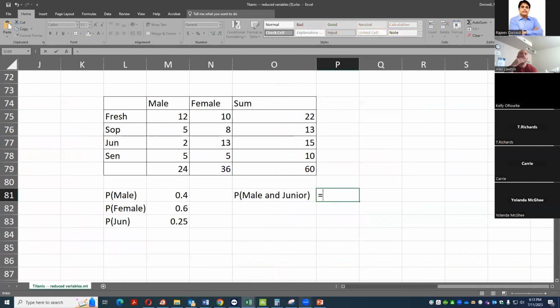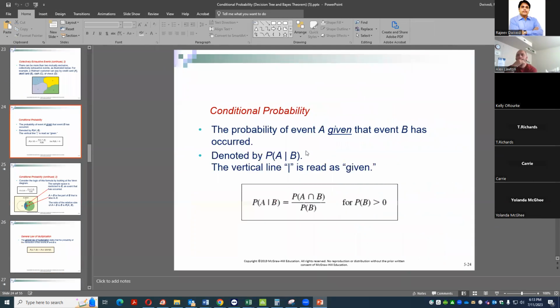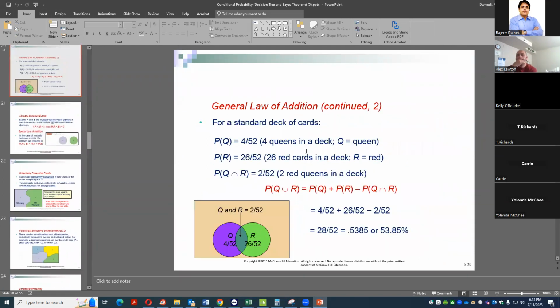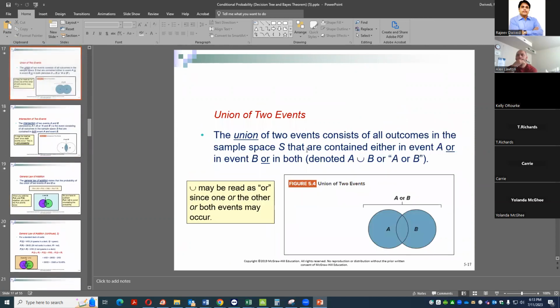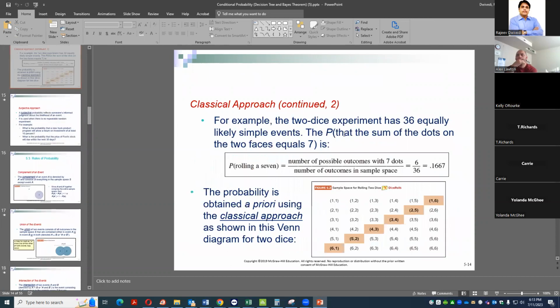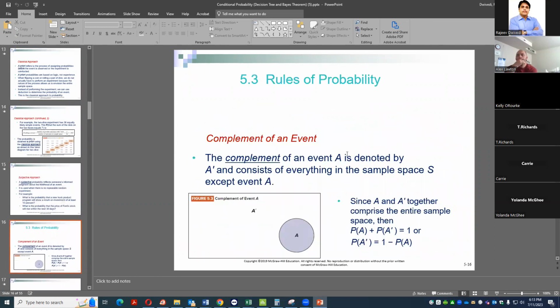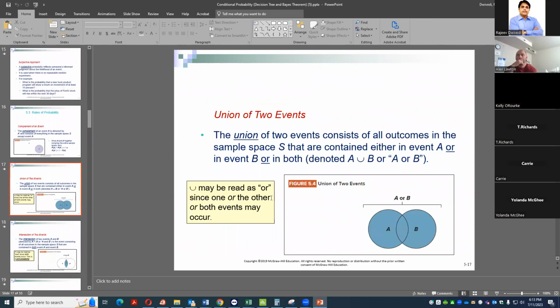Now I come to the formulas. The total probability is always 1. This sign, U, is called OR.